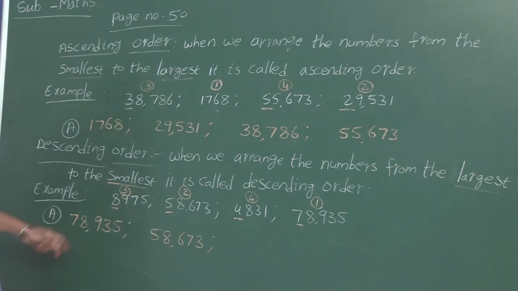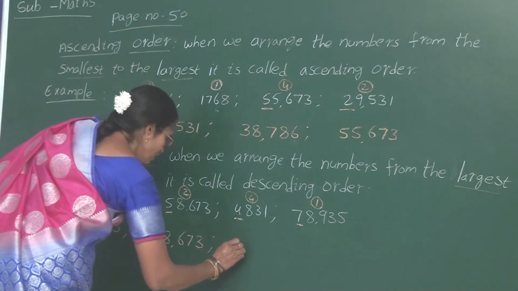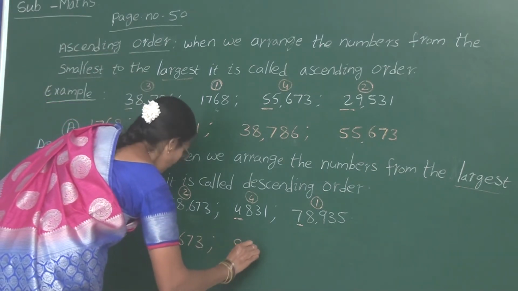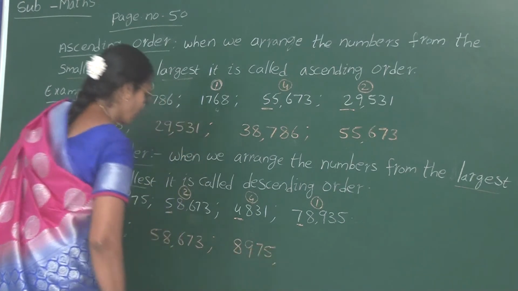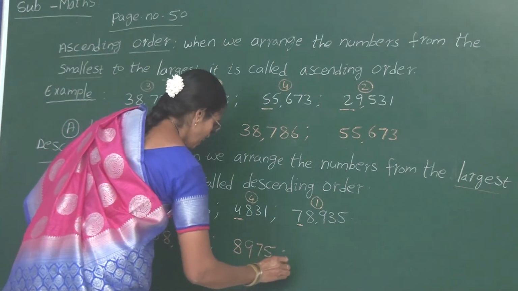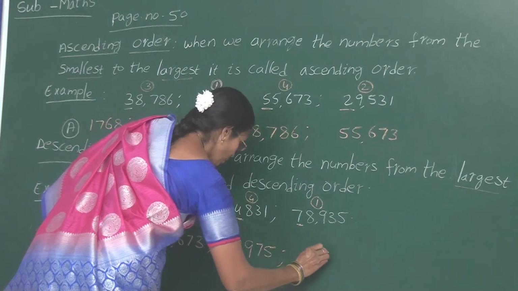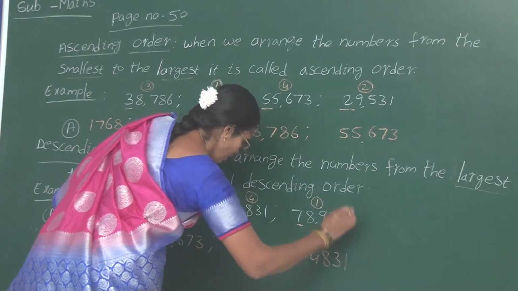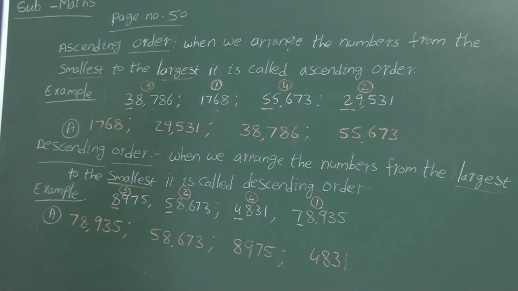This is in the second place. And the third one is 8,975. And the last one is 4,831. Do you understand?